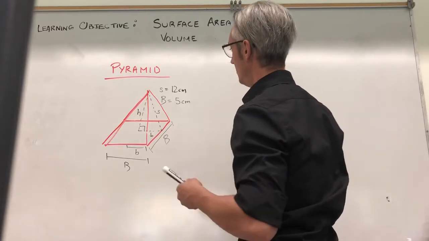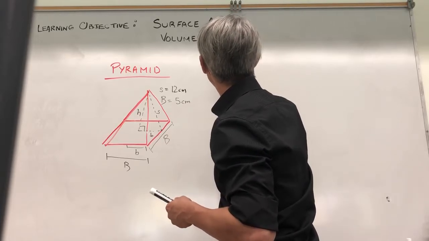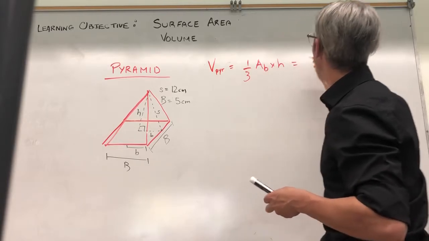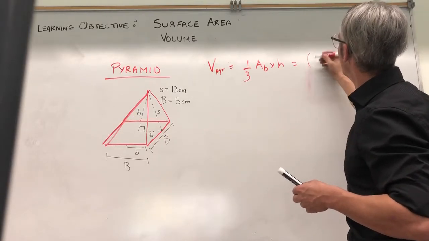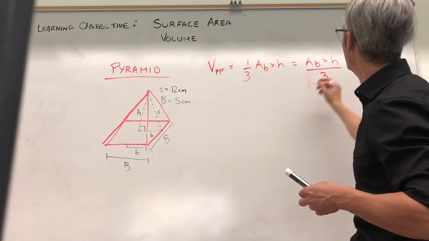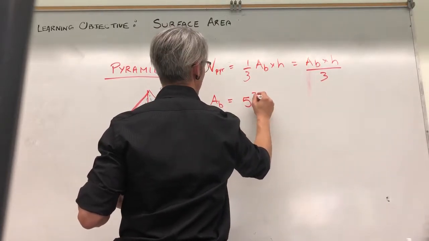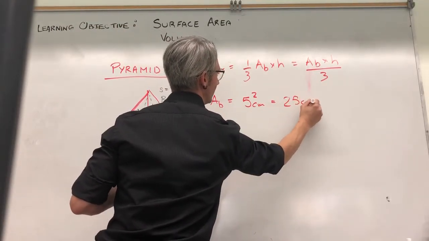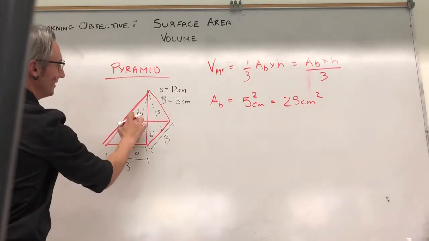So volume of our square pyramid is 1 over 3, area of the base times height, so area of the base times height divided by 3. Area of the base is just b squared, so it's 5 squared, which is 25 centimeters squared. That's just the area of my base. This is my base. And the height is the thing in the middle.